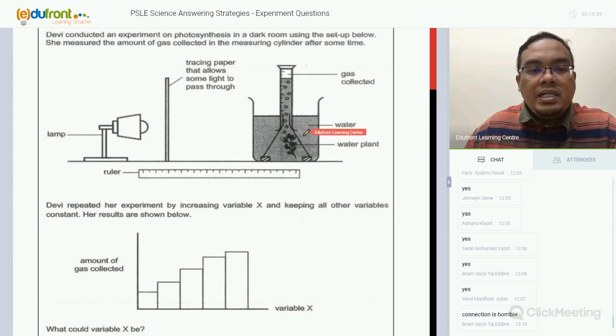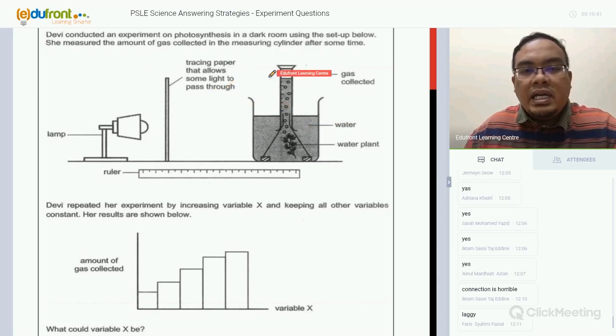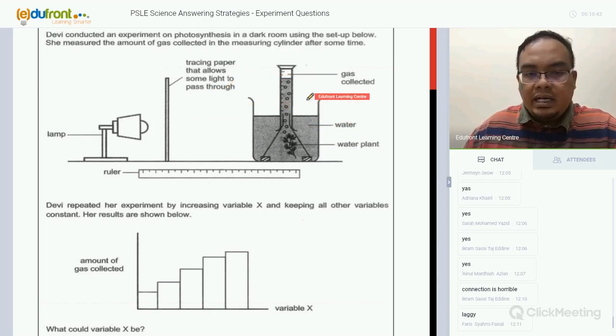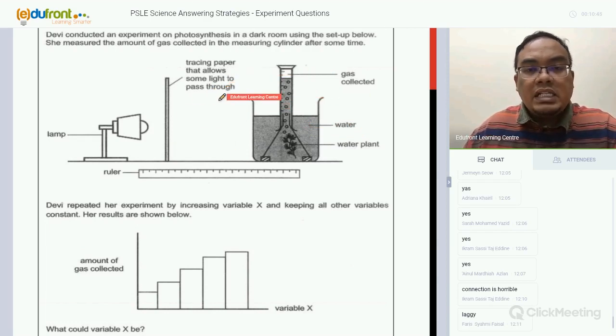But for an experiment question, they give you an experimental setup, right? This is a typical experiment setup, a typical experiment question where there is a setup, most likely taking place in the science laboratory. We have a lamp, you have a ruler for measurement. So there is a tracing paper, and you can see a water plant, an inverted measuring cylinder and gas collected.